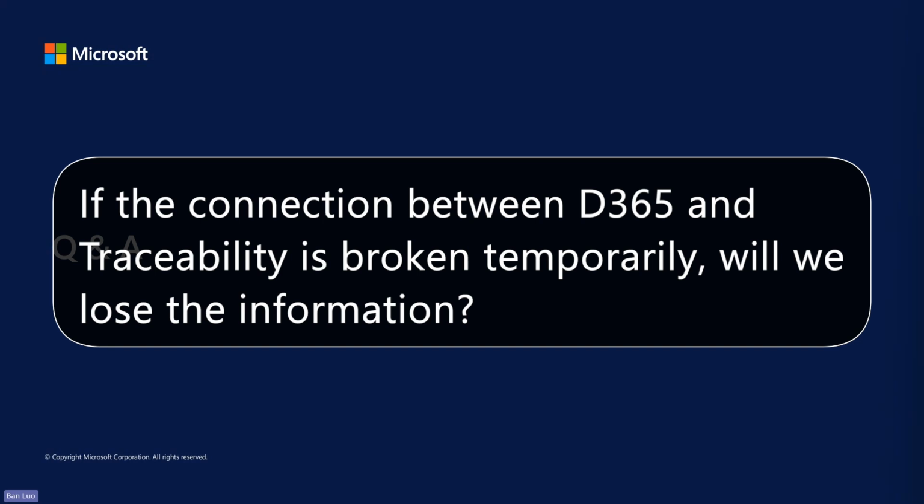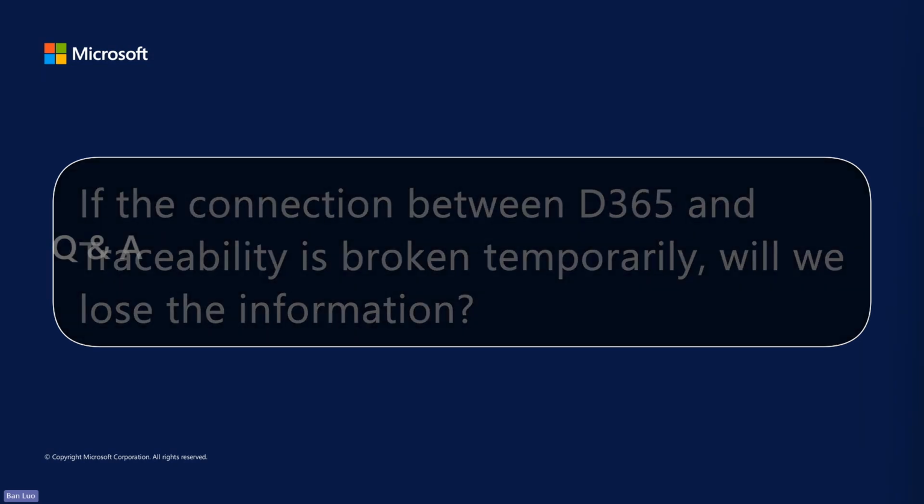The transaction will stay in the temp table of D365 first, then it will be retrieved to Power Platform later. So once the connection is broken, we still keep those transactions in the D365 temp table first. Then once the connection is recovered, all the traceability information will be processed again.